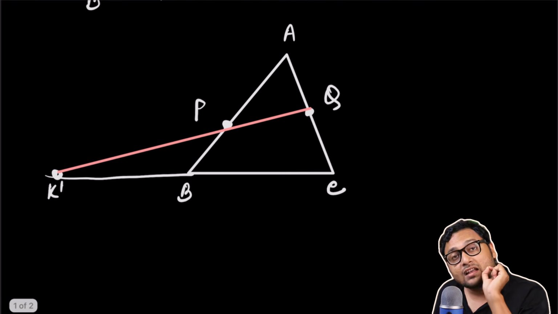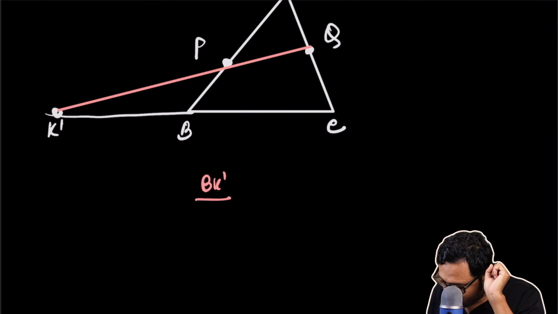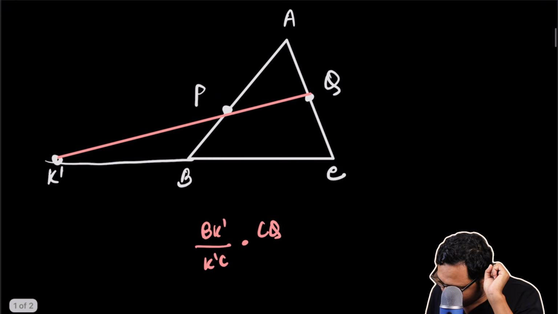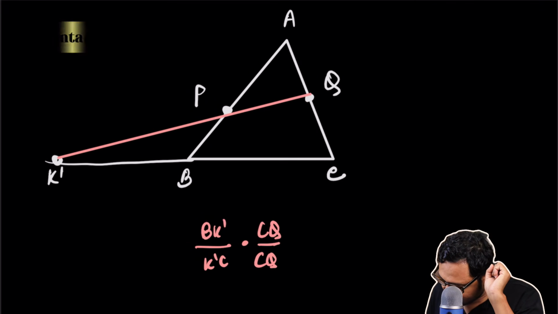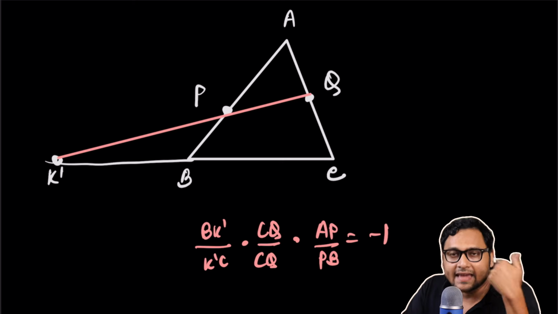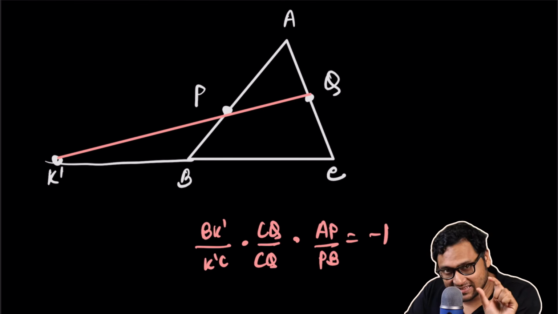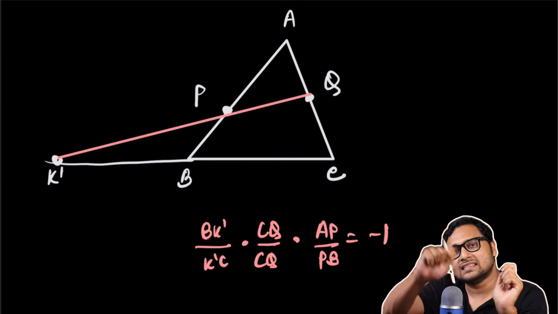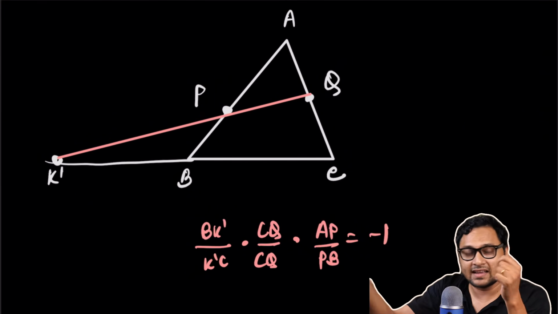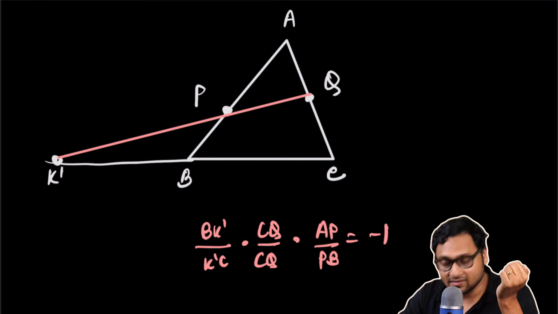Then what the Menelaus theorem says is this: BK prime over K prime C times CQ over QA times AP over PB is equal to -1. Again, we are considering the signed length. So if you move from right to left, it's negative. From left to right, it's positive.